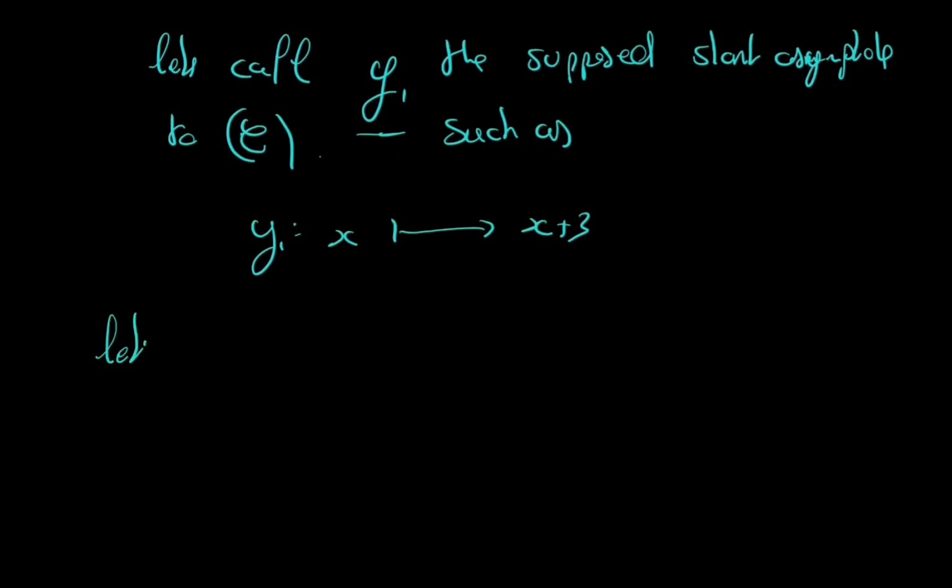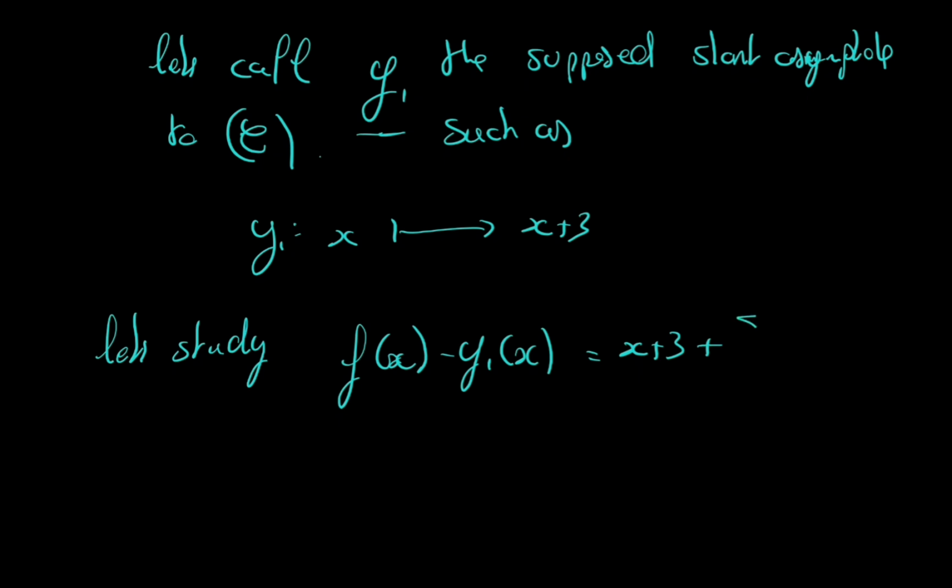Now let's study f of x minus y1 of x. This thing will be equal to x plus 3 plus 5 over x minus 1, minus x plus 3, and this thing is equal to 5 over x minus 1.